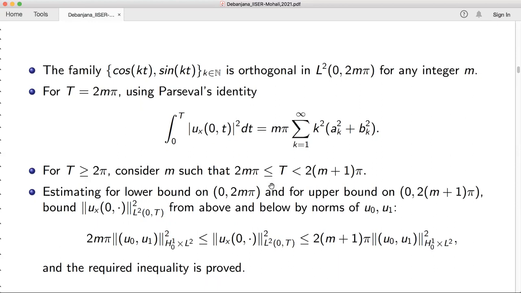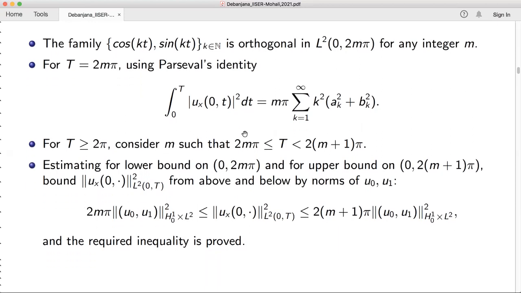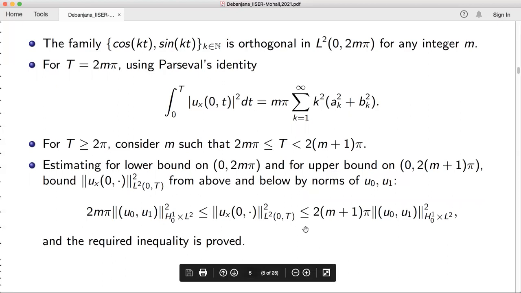For the lower bound, you apply what we obtained already on the interval 0 to 2m pi, and for the upper bound, you use what we derived just now for the interval 0 to (2m+1) pi. Just doing this manipulation, ultimately you get the inequality we are looking for. So this is just the use of the Parseval identity.